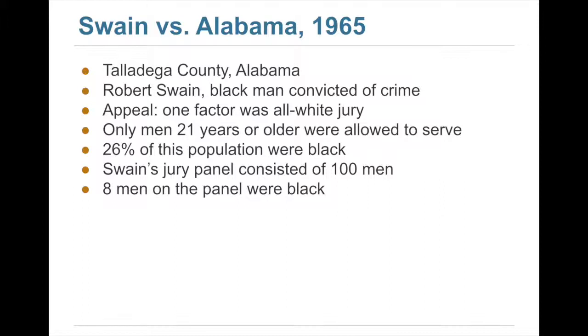He appealed, and the appeal went all the way up to the Supreme Court, and it was on multiple grounds, but one ground of the appeal was I'm entitled to a jury of my peers, and the jury was not representative.